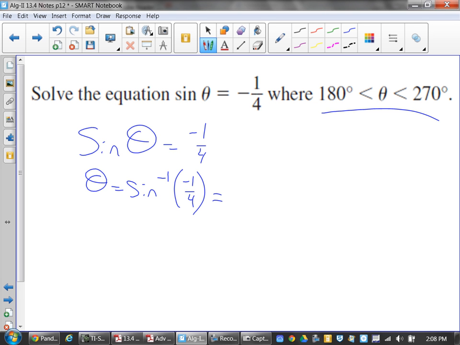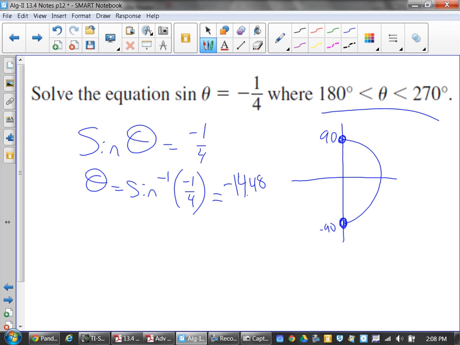Remember, this is where it comes back to what we did yesterday. Yesterday we talked about sine values. Sine values are always calculated between negative pi over 2 to positive pi over 2, between positive 90 to negative 90. And it told you that you have an angle measure here of negative 14.48.